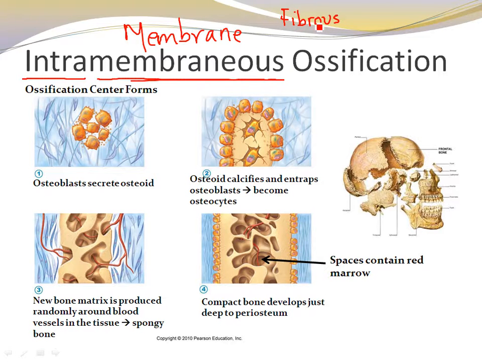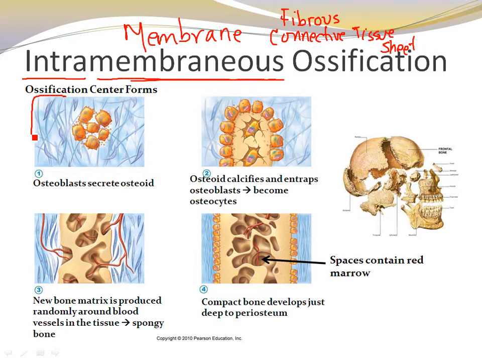It's a fibrous connective tissue sheet that forms most of the early skull in the embryo. So it's protecting the developing brain. So that is what's going to ossify and convert over to bony tissue. So how does that happen?